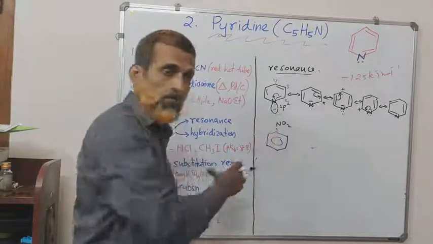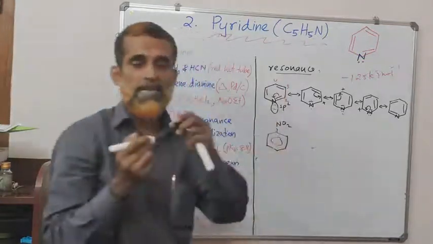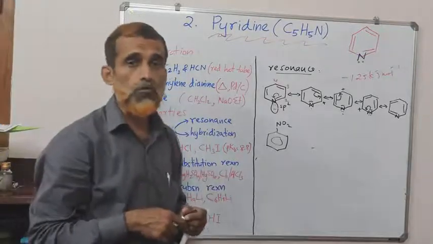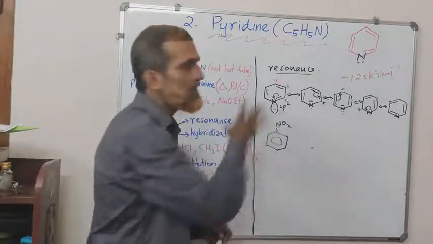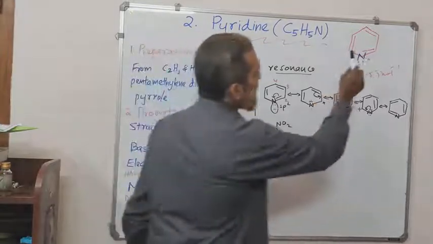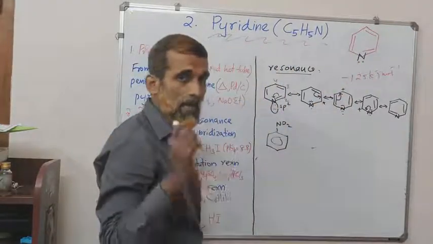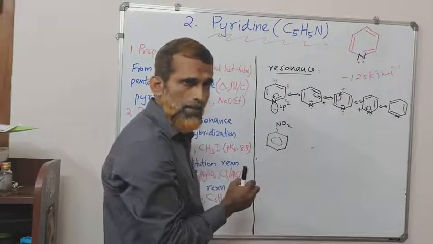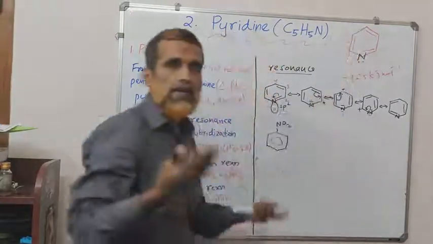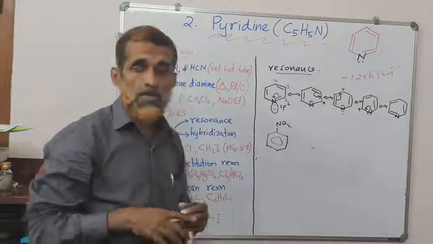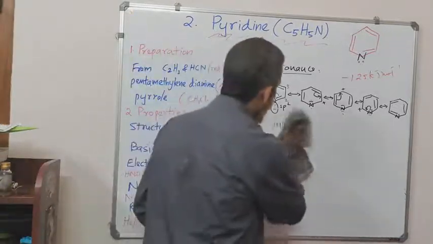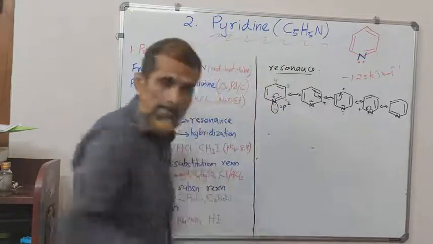Nitro group, which is withdrawing electrons, makes the benzene ring electron deficient and susceptible to nucleophilic attack. Similar thing happens in pyridine. Why? Because of this nitrogen. You know, nitrogen is highly electronegative. It is withdrawing electrons and makes the ring a little bit electron deficient, so nucleophiles also attack pyridine. Pyridine undergoes nucleophilic substitution reaction.